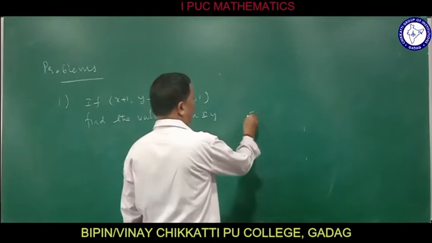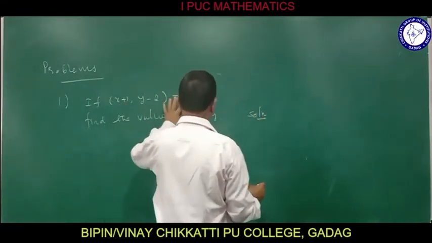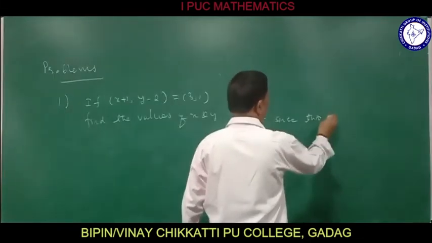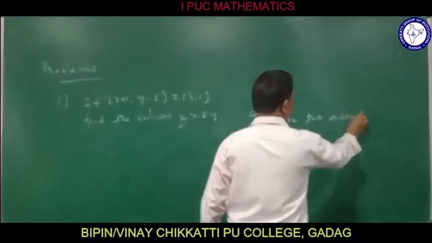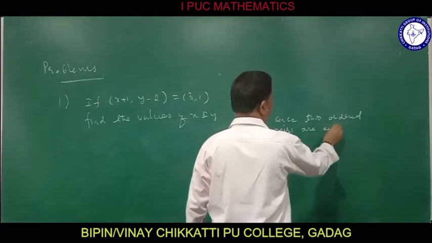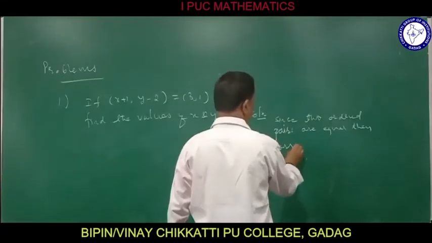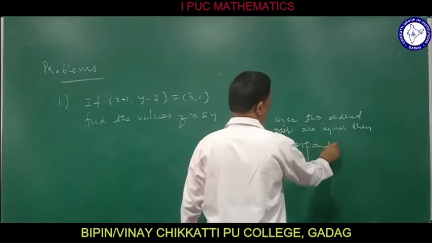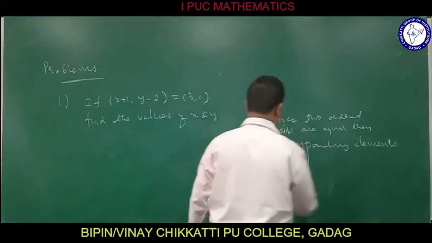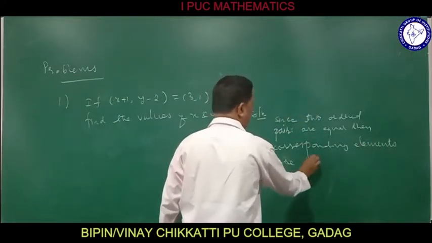Look at this, what I say. Since two ordered pairs are equal, then the corresponding elements are also equal.